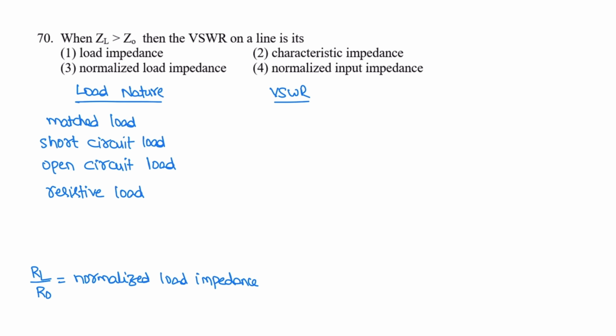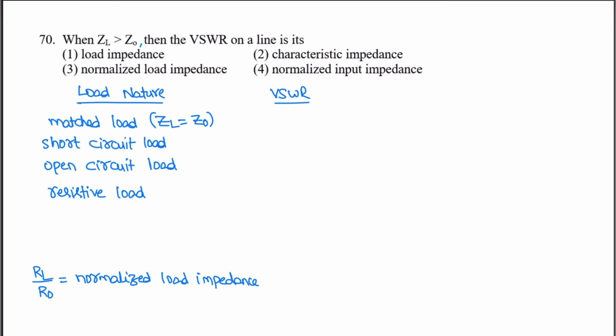When the load impedance ZL is greater than the characteristic impedance Z naught, what is the VSWR on the line? If the load is perfectly matched, then the load impedance ZL is equal to Z naught, and in that case VSWR is 1.